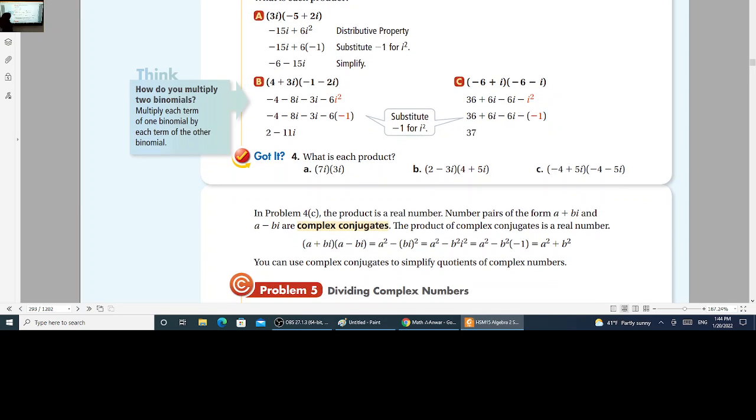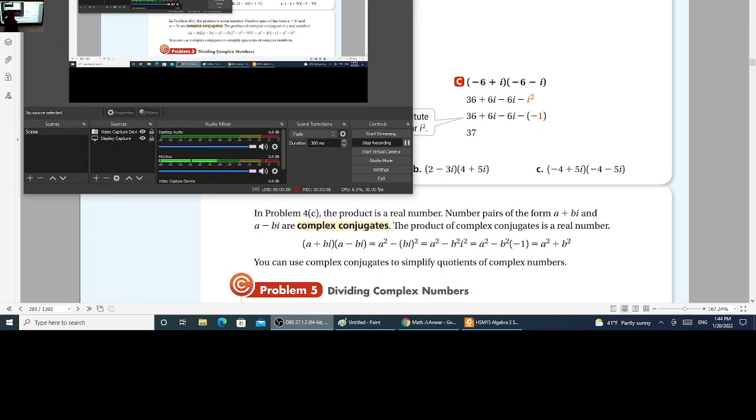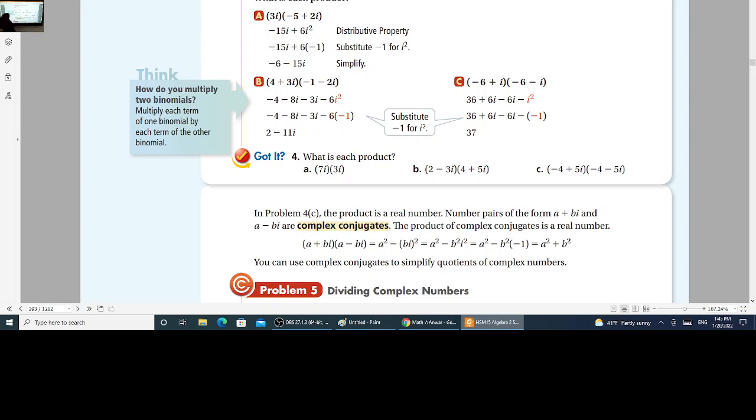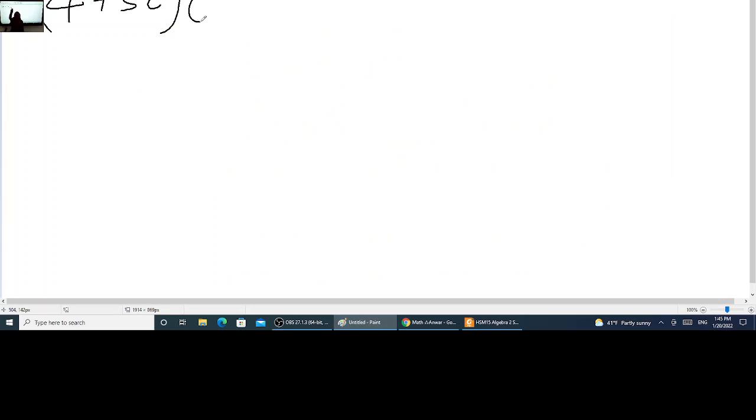4 plus 3i times negative 1 minus 2i. Now, when you multiply two terms like this, we're just using the distributive property.